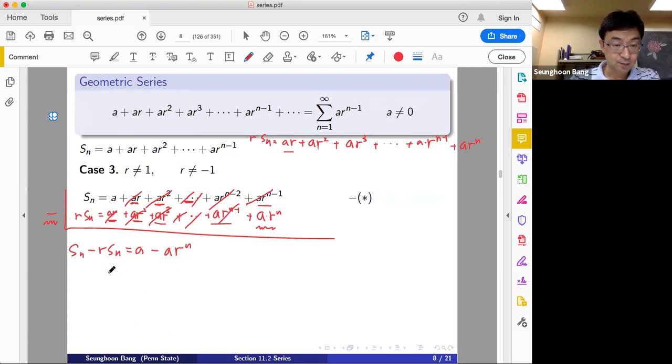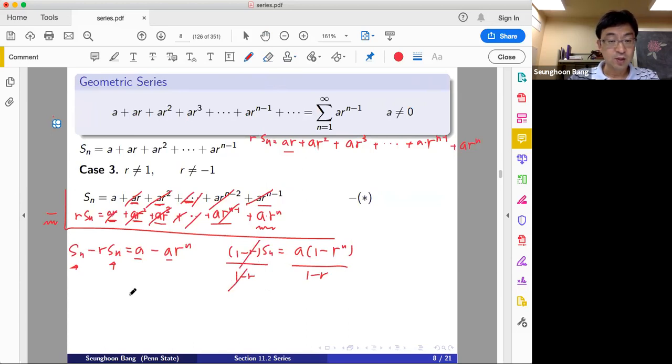The next step, you just need to factor out Sn: 1 minus r times Sn equals, same, factor out a, a times 1 minus r to the n. Next, divide both sides by 1 minus r.